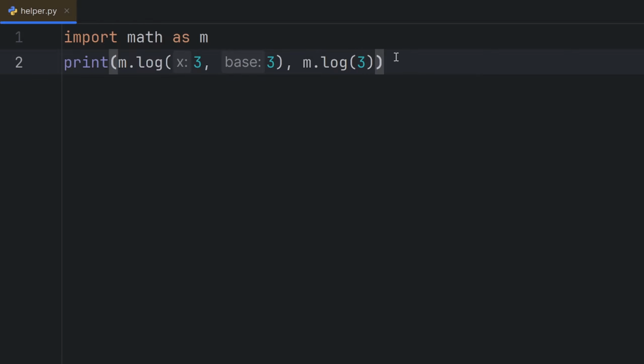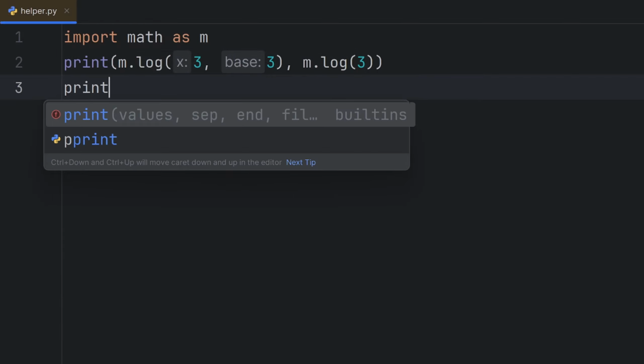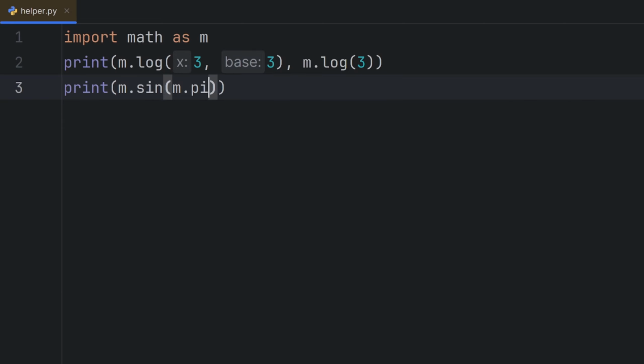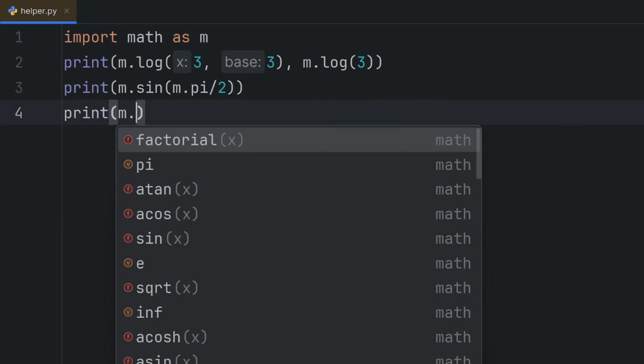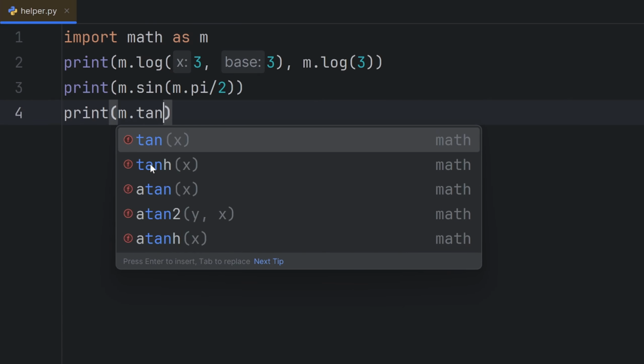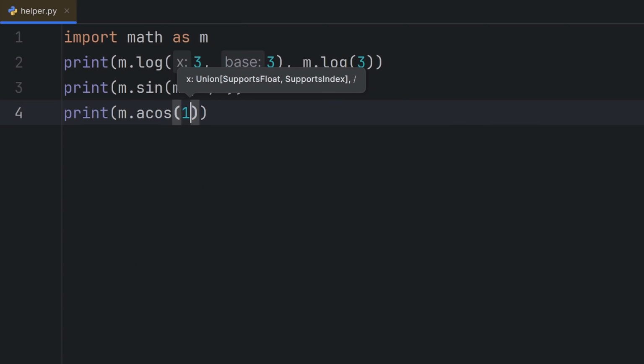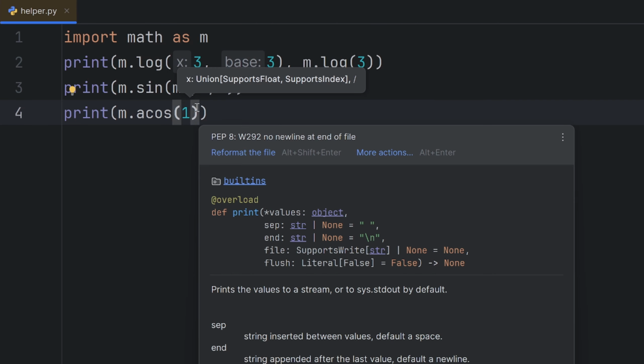Also, there are some trigonometric functions. For example, m dot sine of m dot pi half, which should be 1. There's also cosine, also tan, also hyperbolic tangent, etc. There's also arc cosine. For example, arc cosine of 1 should be 0.